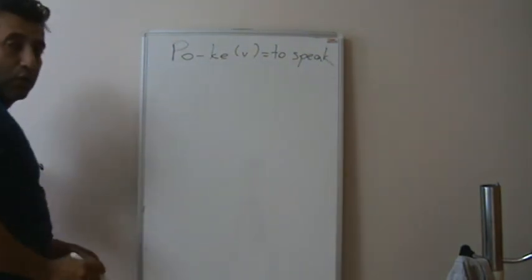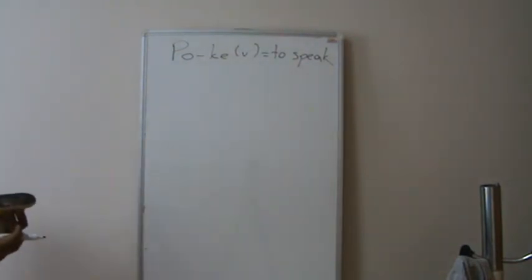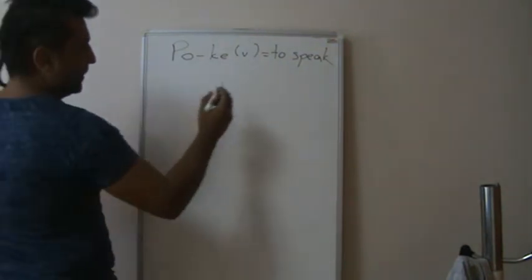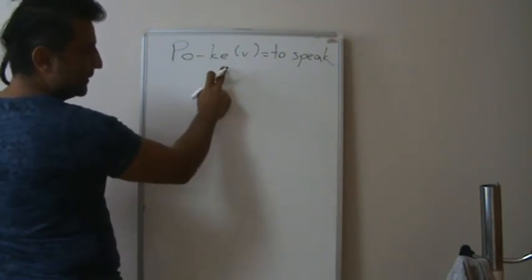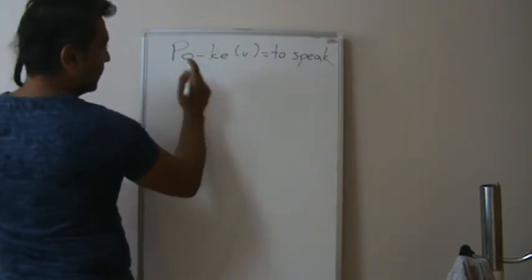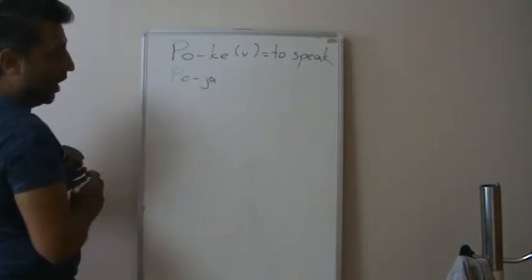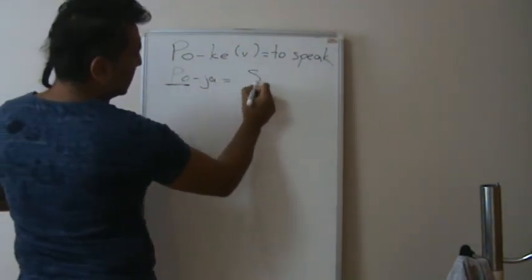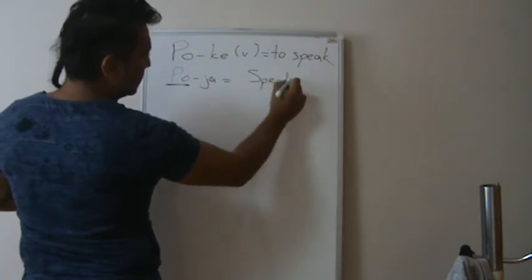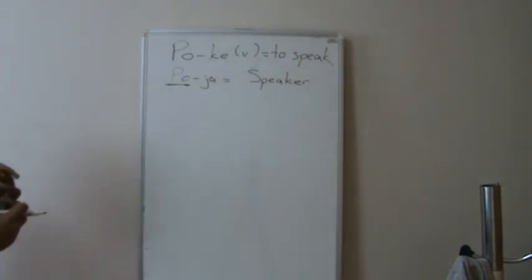So, if we want to determine the speaker, the person who makes the action of speaking, we simply add the suffix ja at the end of the verb root po. That means speaker, the person doing the action. Poja, speaker.